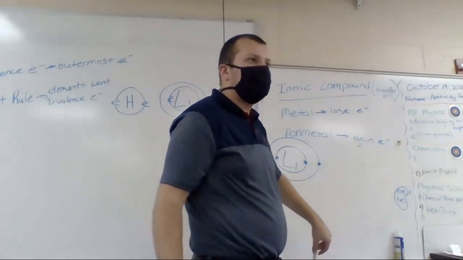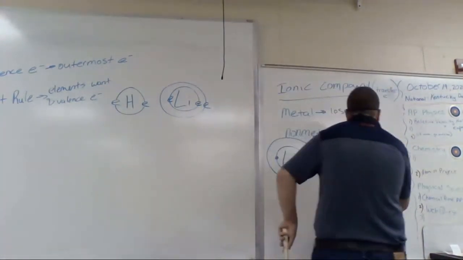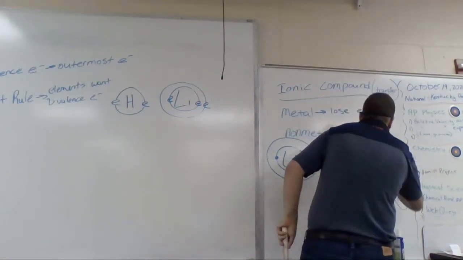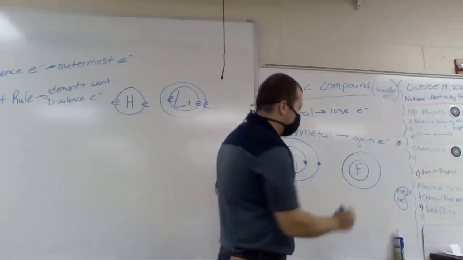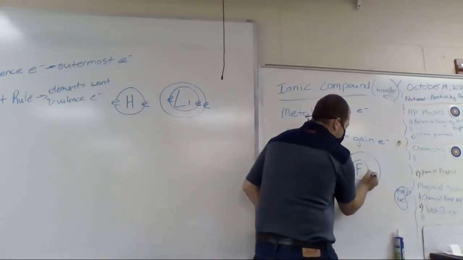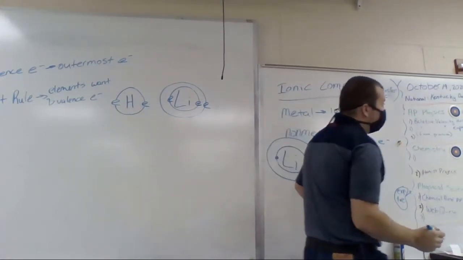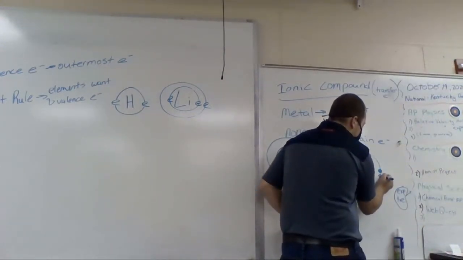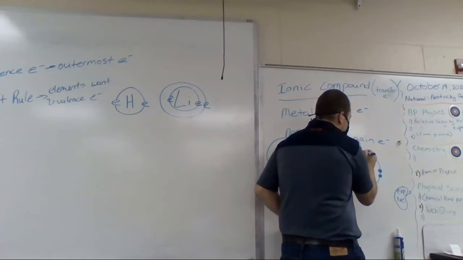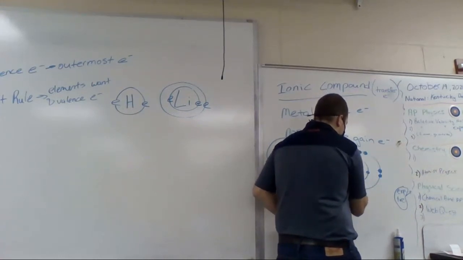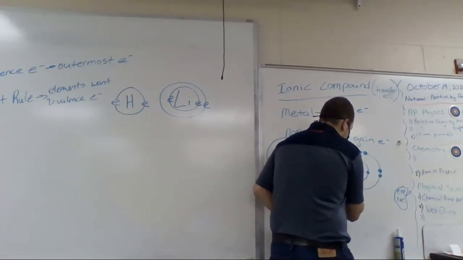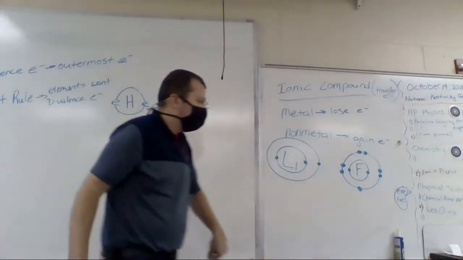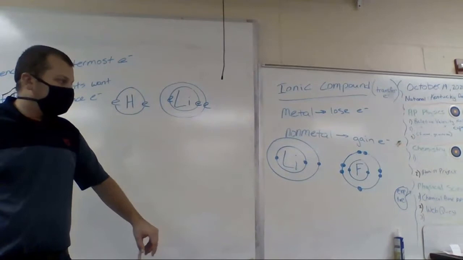I like fluorine. Fluorine is in the second row as well. There's 1, 2, and then it has 7 more. So 1, 2, 3, 4, 5, 6, 7. That's cool looking.